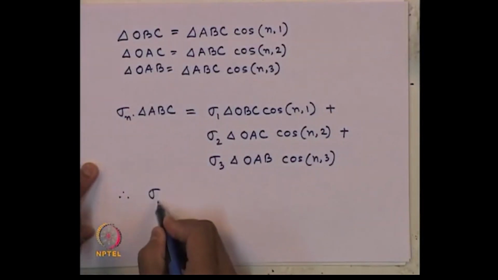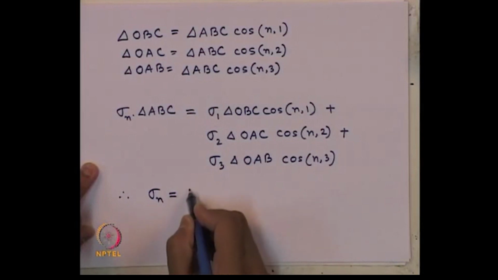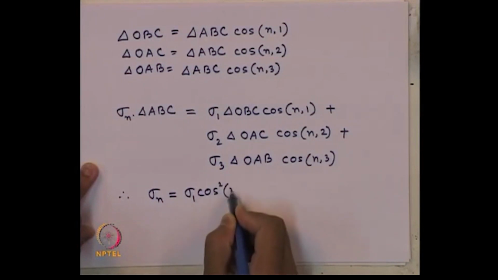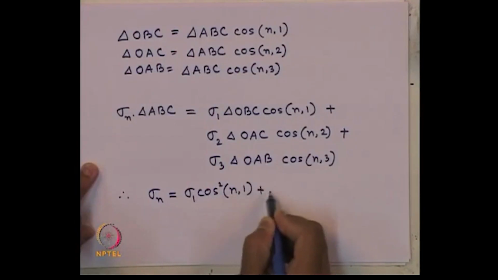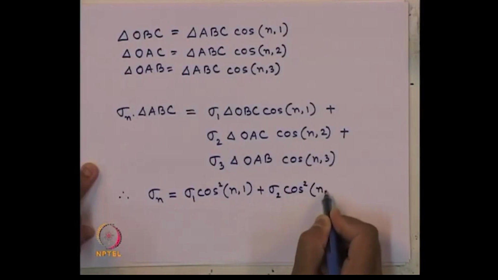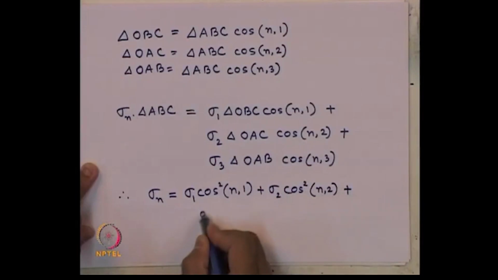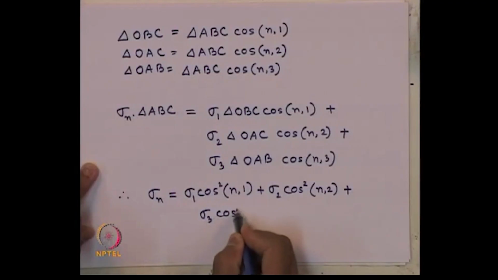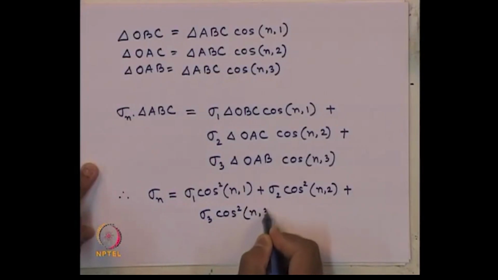So, the final expression we get is sigma n equals sigma 1 cosine square n1 plus sigma 2 cosine square n2 plus sigma 3 cosine square n3.